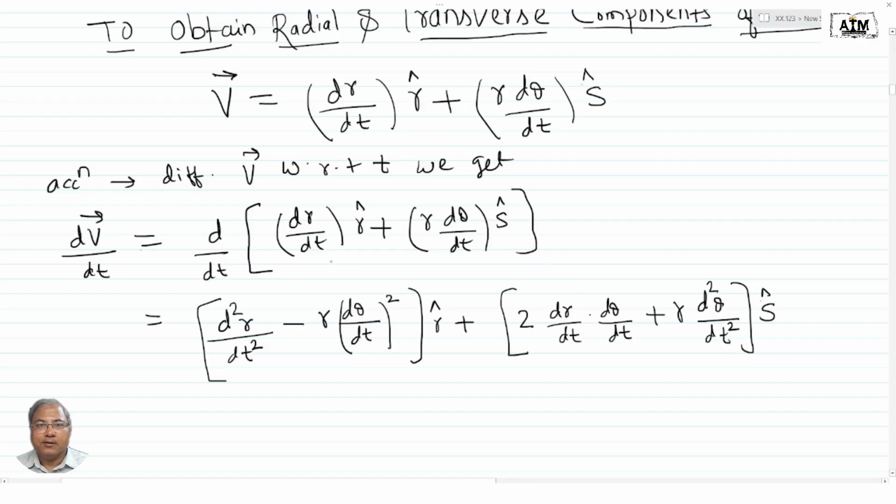So after doing differentiation, I got in the first bracket d2r by dt square minus r d theta by dt whole square multiplied by r cap.